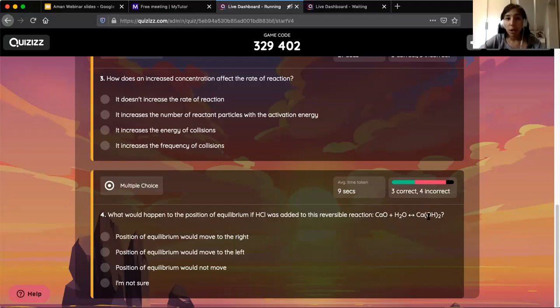We have calcium hydroxide. When we add the hydrochloric acid, the hydrogen ions will react with the hydroxide ions in the calcium hydroxide and effectively use them up. If they use them up, we want more calcium hydroxide, in which case the position of equilibrium moves to the right. So the correct answer to that one was that it moves to the right. Well done to the people that said A.